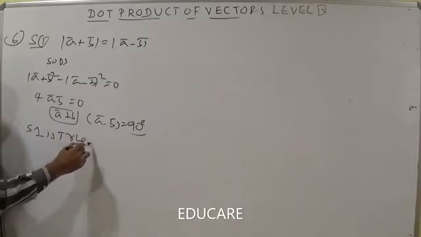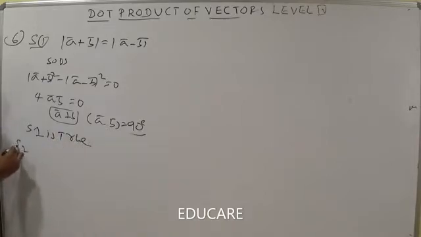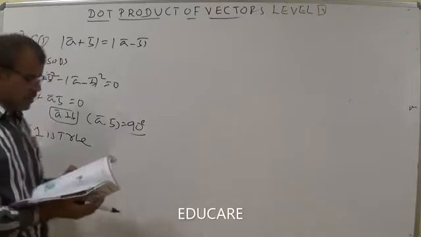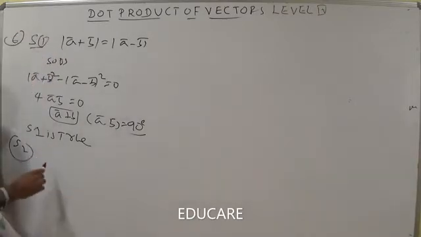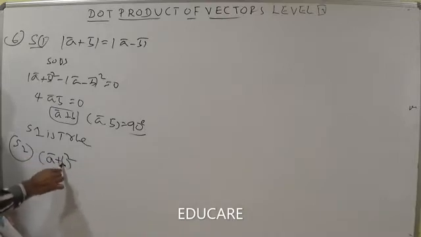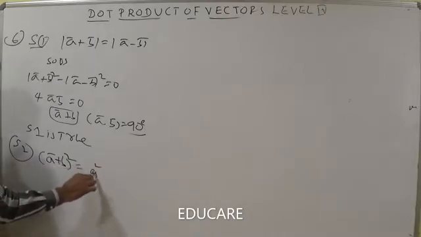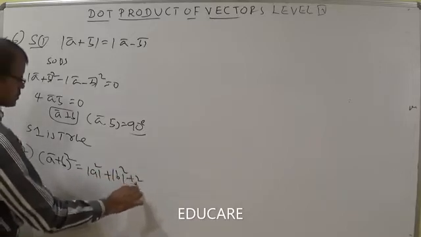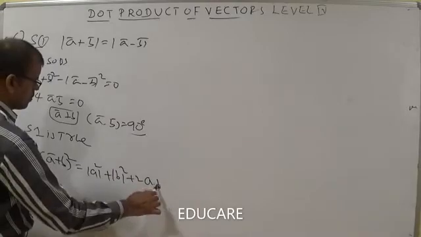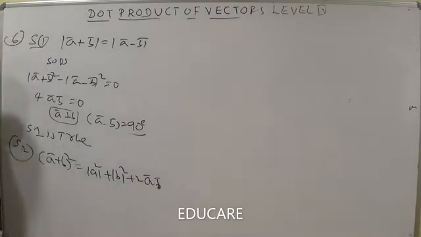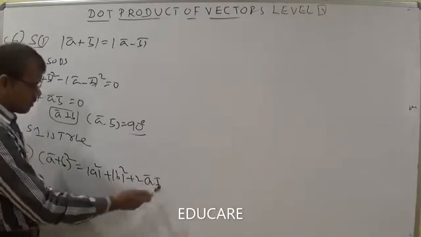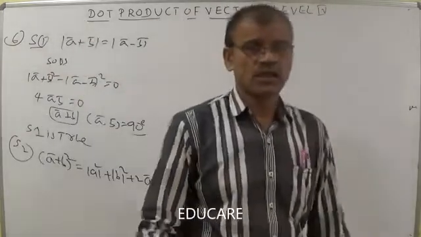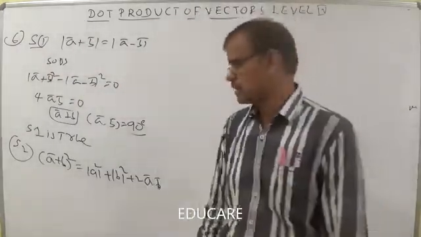Now let us discuss statement 2. Statement 2 he gave A bar plus B bar whole square. What is the value of the formula A plus B whole square? Mod A square plus mod B square plus 2 A bar dot B bar, general notation. The dot product of A bar and B bar we can think of as mod A into mod B into cos theta.